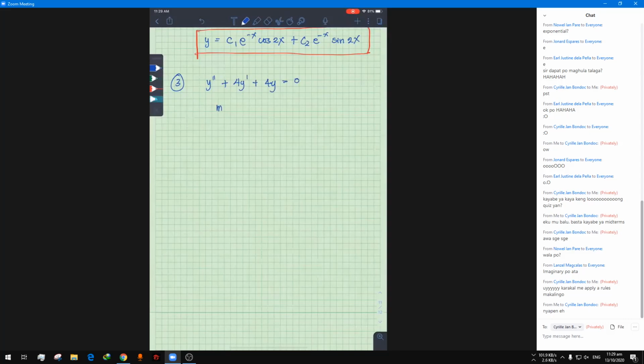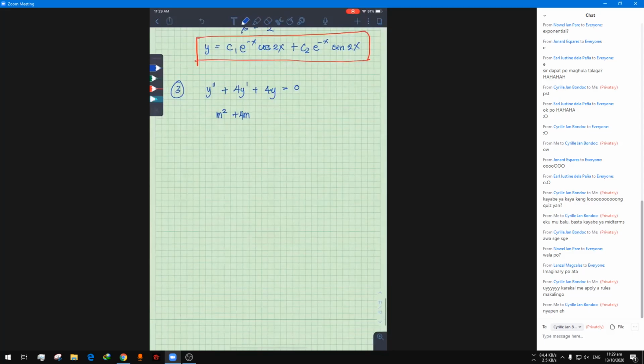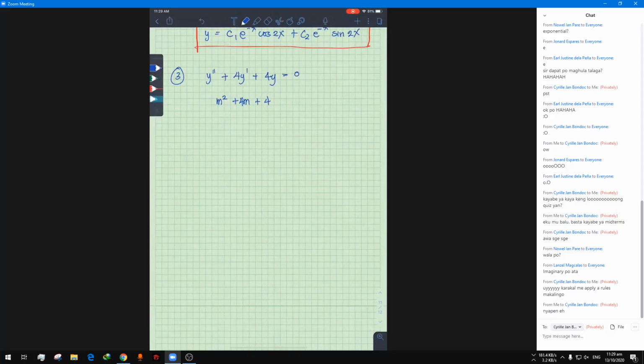So kamukha nung kanina, m squared plus 4m tapos plus 4 is equals to 0. So ito pwede kong ma-factor out, no? So m and m was 2 and 2. So positive, positive. So what happens? So meron tayong m1, which is the same as m2, which is equals to 2.